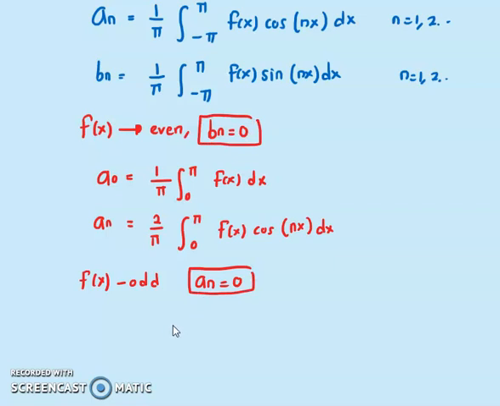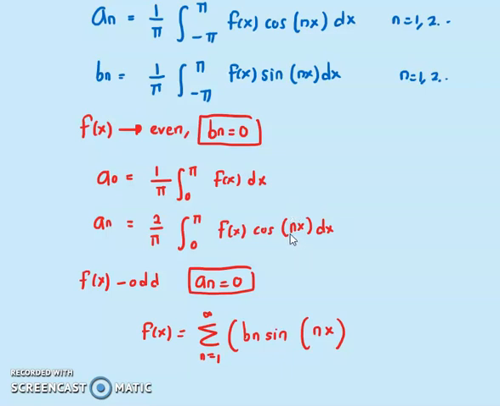So what is left is that f(x) will become the summation n equals 1 to infinity of b_n sin nx.